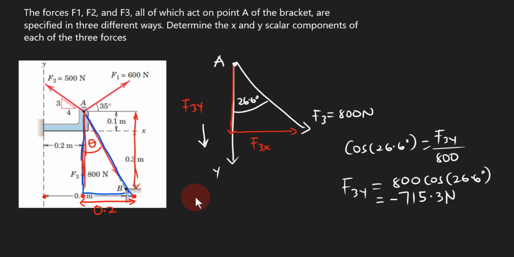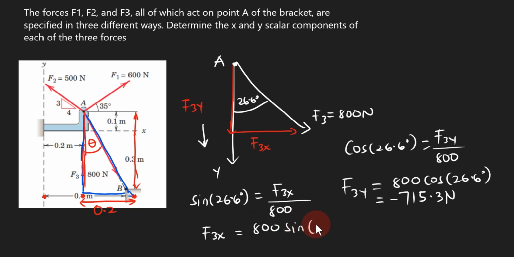So let's do the same for the x component, which will be F3x. So let's take sine of the 26.6 degrees. That will be equal to opposite, which will be F3x over hypotenuse, that was 800 Newton. So I'm going to have F3x to be equal to 800 sine of 26.6 degrees.